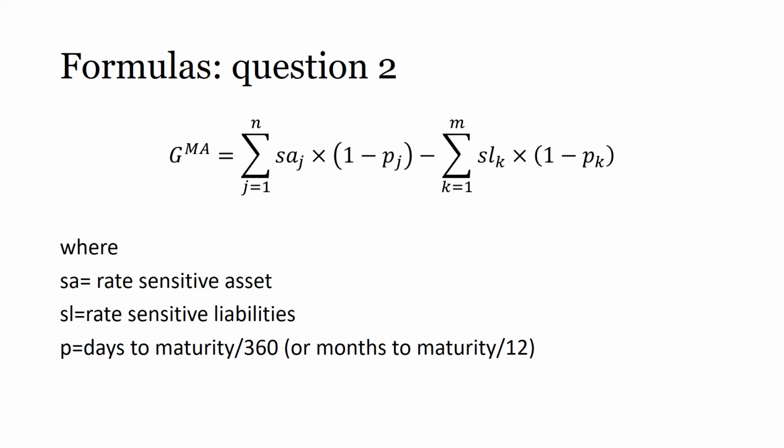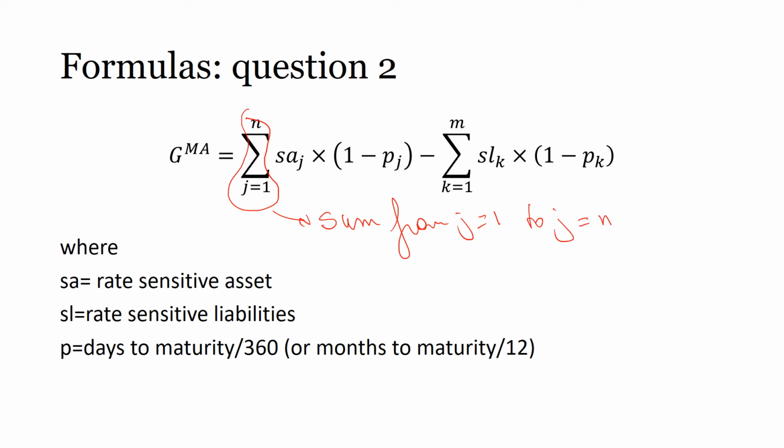Moving on to the formula in question 2, and this is this thing. If you're not familiar with symbolic math, now is not the time to learn it, but I'm going to explain what it is. This symbol here means sum from j equals 1 to j equals n.